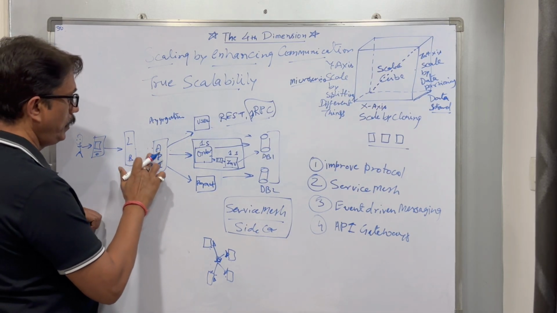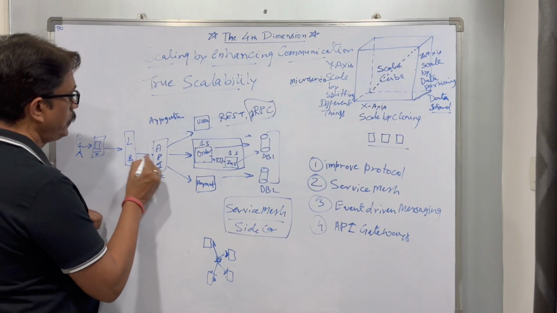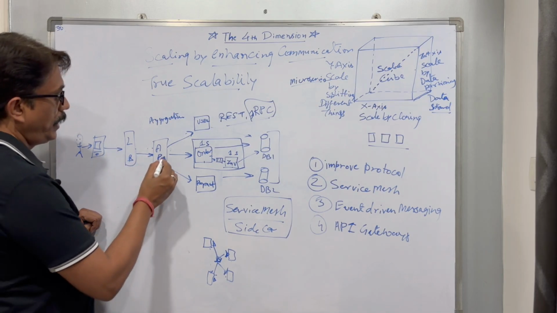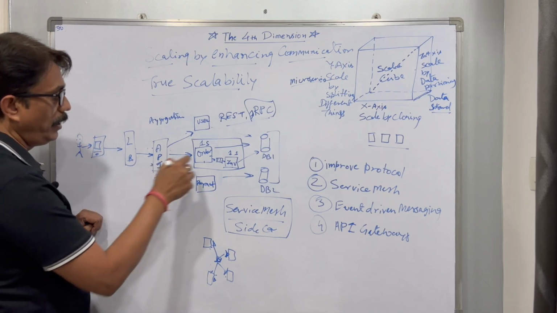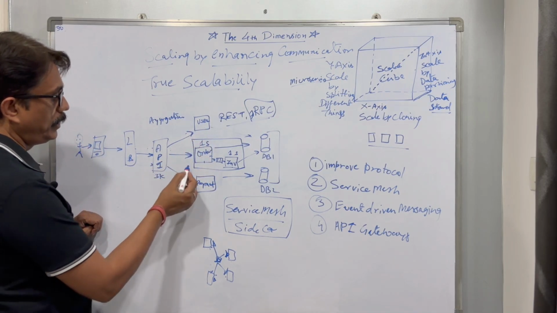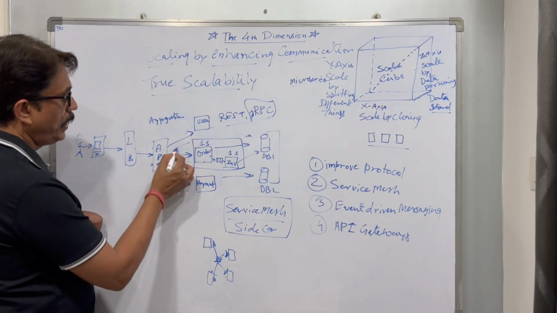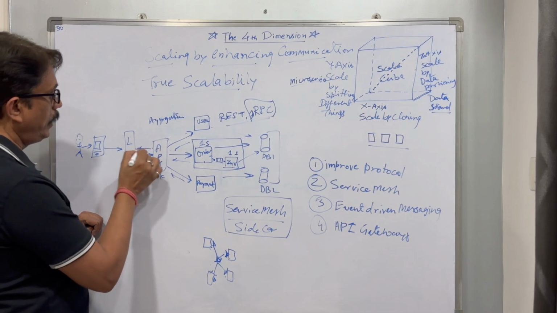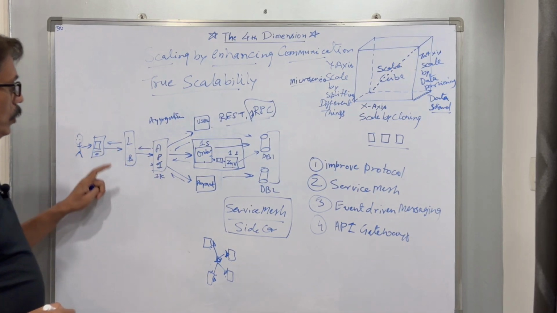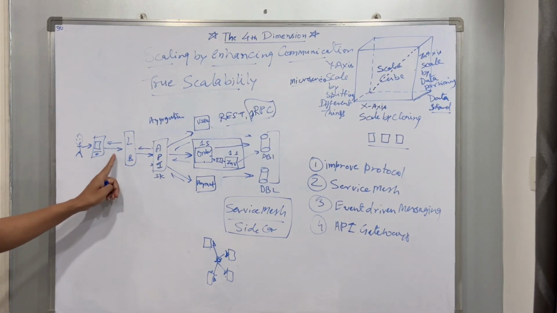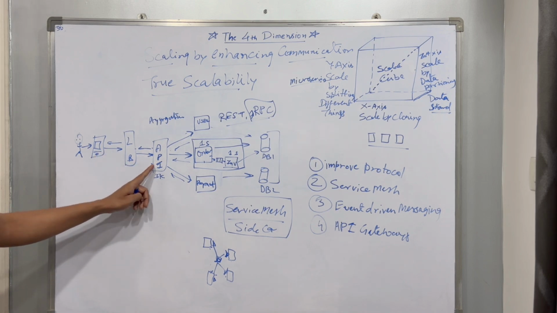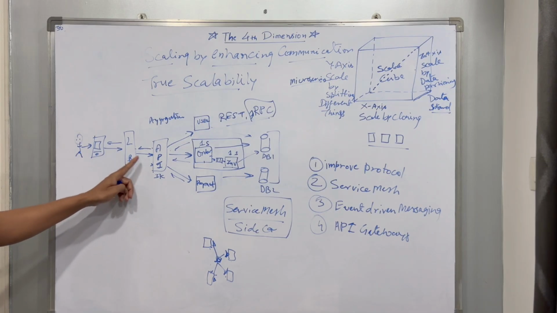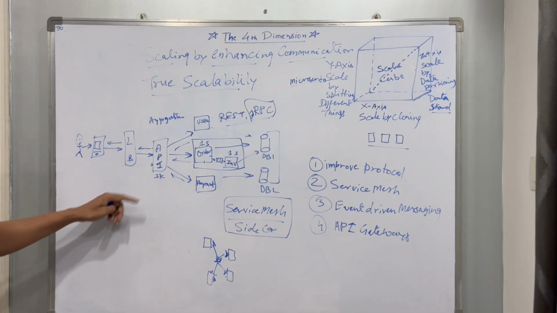From the client we can send only one request, and then the API gateway will call multiple internal services, get the responses back, aggregate and return to the client. So that way we have reduced the number of requests from client to API gateway, and that way we can save some of the resources.